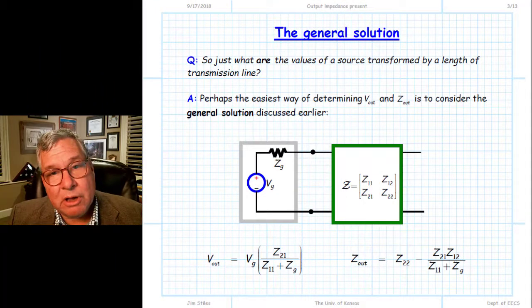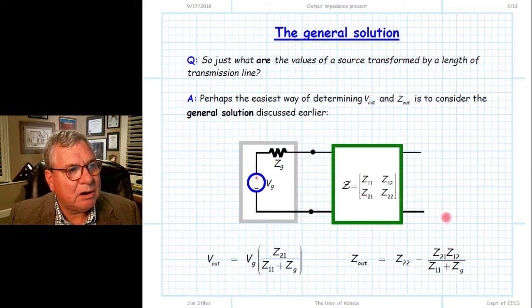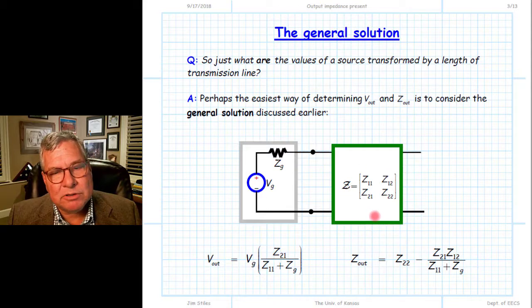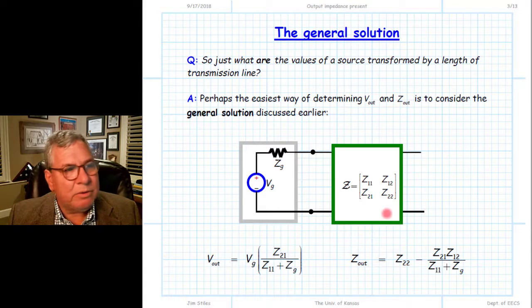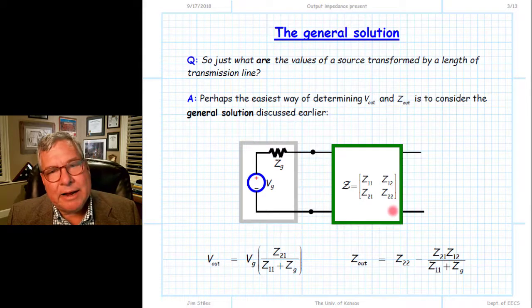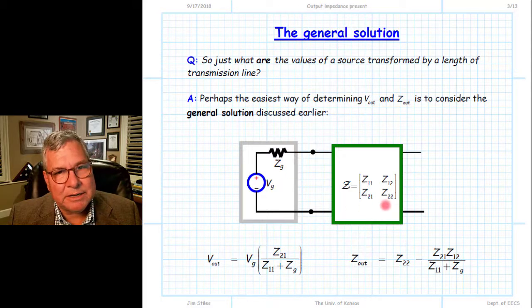I hope that you recall from an earlier presentation that we examined the case where we put a 2-port device and we know the transimpedance parameters of that 2-port device, the impedance matrix consisting of 4 values. And from that, we were able to determine the transformed source in terms of VG, ZG, and these 4 transimpedance parameters.